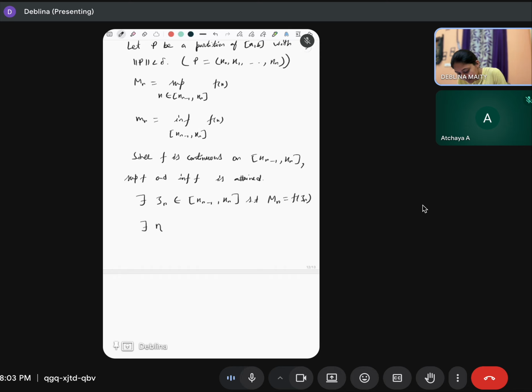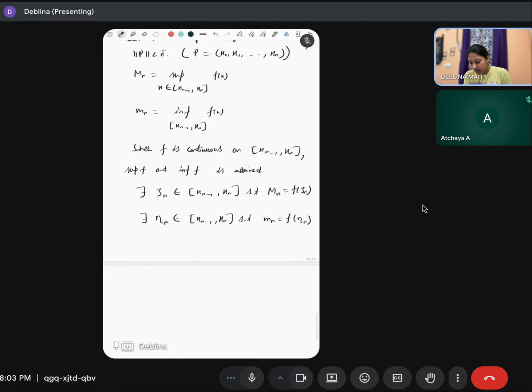And there exists some eta_r, by this property of continuity, such that the infimum value is attained. That means there exists a point for which f of eta_r is the infimum value, this small m_r, right?